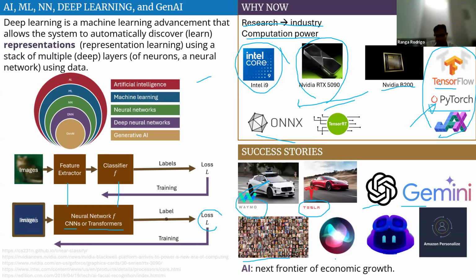And then you have in phones Apple Siri and Android also. Samsung also has something. And then for coding, you use Copilot and different coding LLMs, large language models. And for Amazon and so on, for personalization, those networks can be used. For example, they exactly know what we want to buy from our profile and the past history we have with them. So those are the success stories.